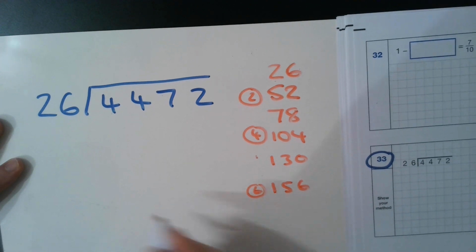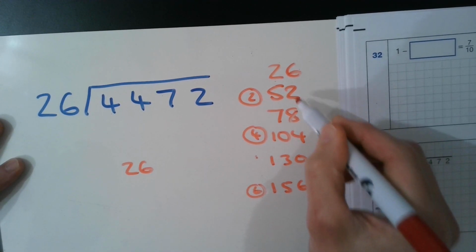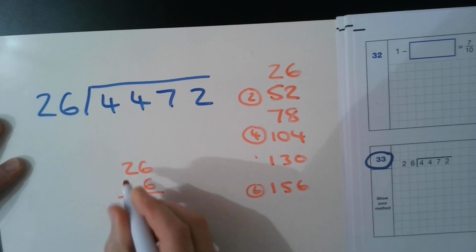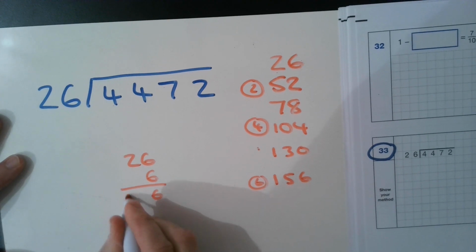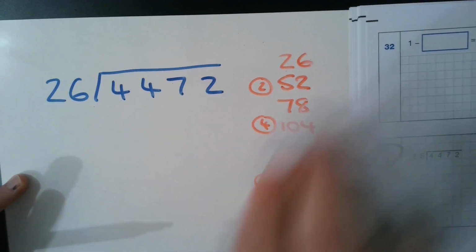I'm just going to do a quick calculation to make sure I haven't made a mistake. 1, 2, 3, 4, 5, 6 lots of 26. 2 6s are 12. Add the 3. Yeah, I just wanted to make sure I didn't make a mistake. So let's get rid of that.